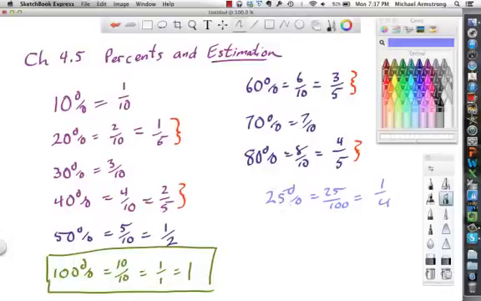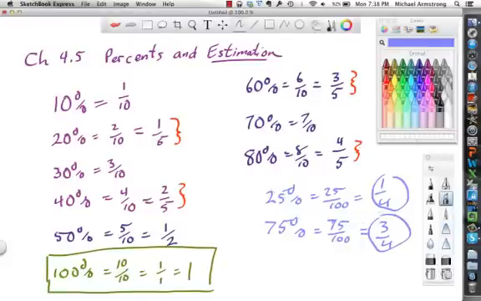So 25% is 1/4. Now 50% is 2/4. It's 50 out of 100, but it's also 1/2, so that's kind of important. And 75% is 75 cents out of 100, which is the same as 3/4. All right, so these are important ones. 25, 75. They seem to happen a lot.